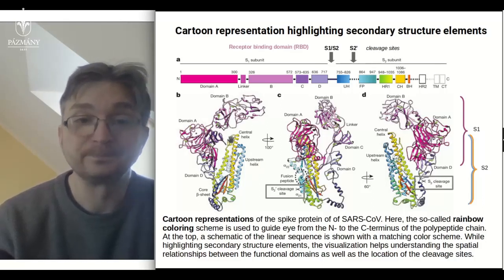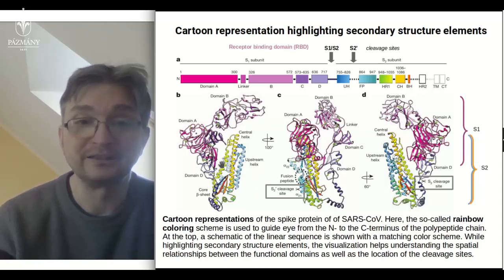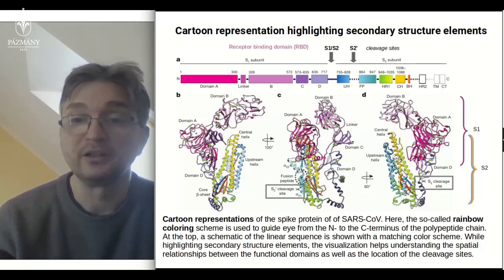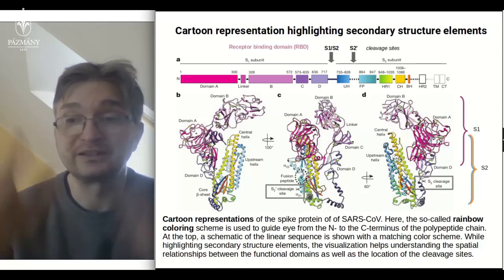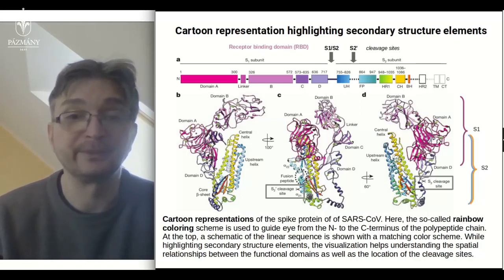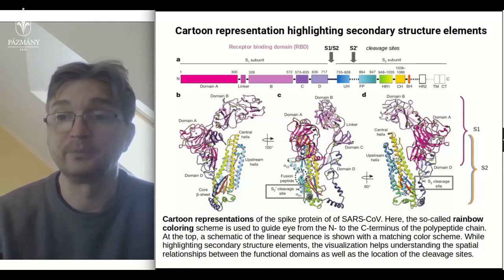You can see that this petal-like organization of this subunit is really clear here. So you can see that we have distinct structural units of this protein, and it can also be used to highlight the spatial position of the cleavage sites where the spike protein is cleaved by proteases when it's undergoing maturation.